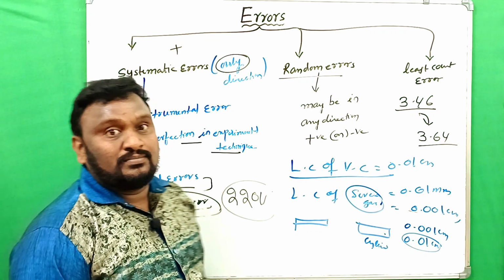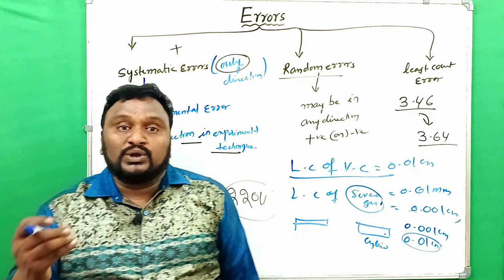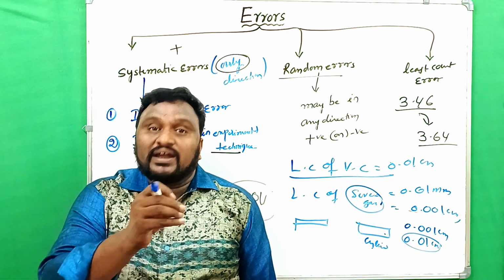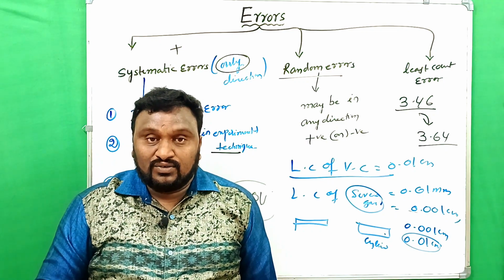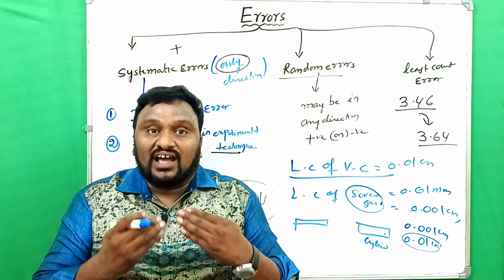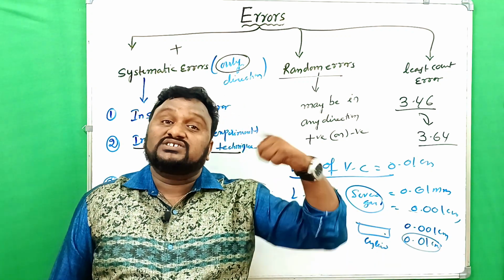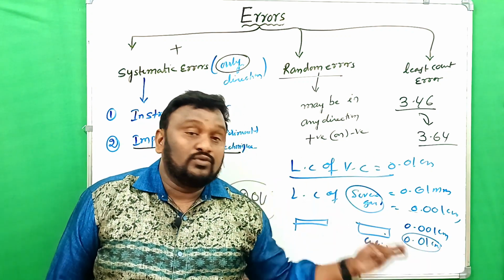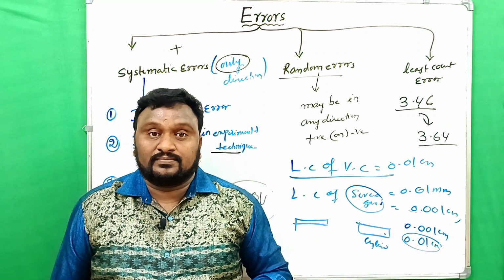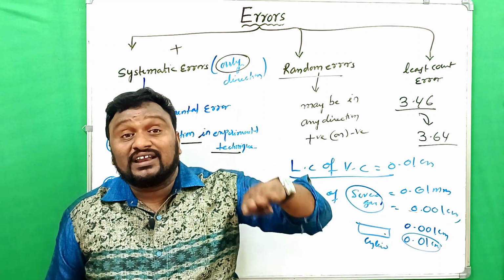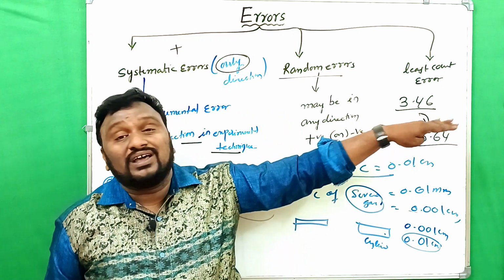That means if you find the length using vernier calipers, we may get some errors. Why? Because it has least value up to 0.01 only. If we change the instrument, we will reduce the error. That kind of error is what we call least count error.